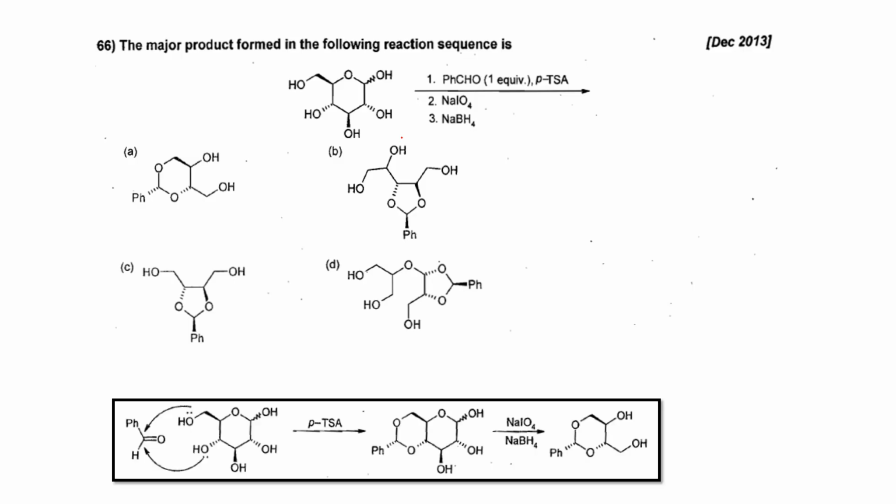Okay, so what will be the answer? First, this diol group will be protected by this aldehyde. So just draw it in a cyclohexane manner. Always remember, whenever there is an aldehyde, it always prefers the formation of a 6-member ring, whereas if there is a ketone, that always prefers the formation of a 5-member ring.